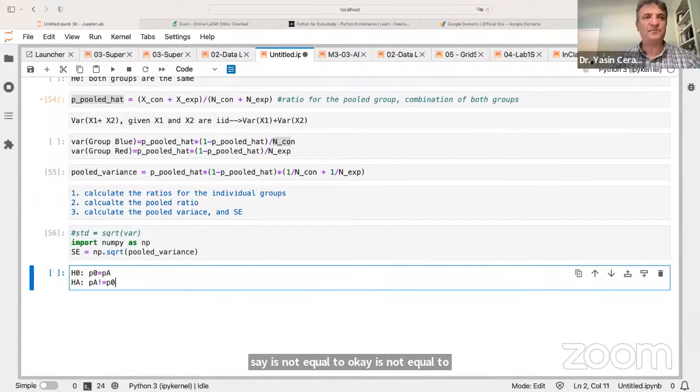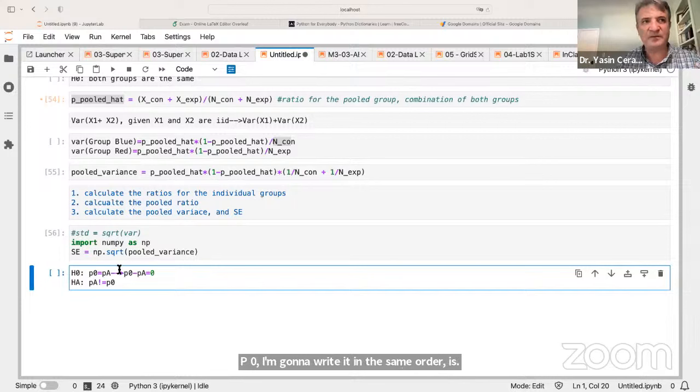So to compare the alternative with the null, we can write it this way: P alternative minus P0, in the same order, is 0.